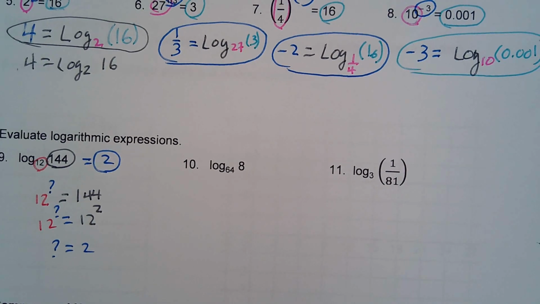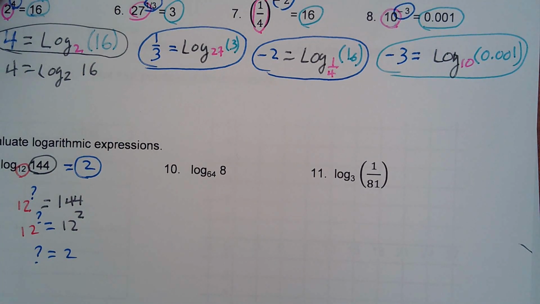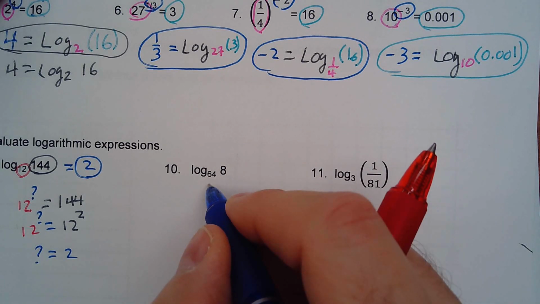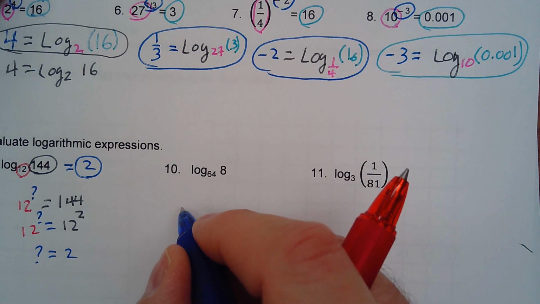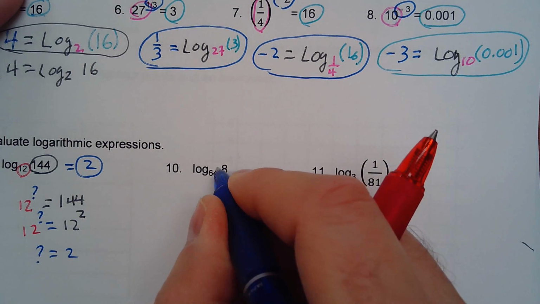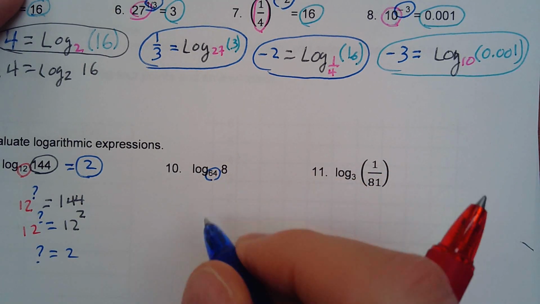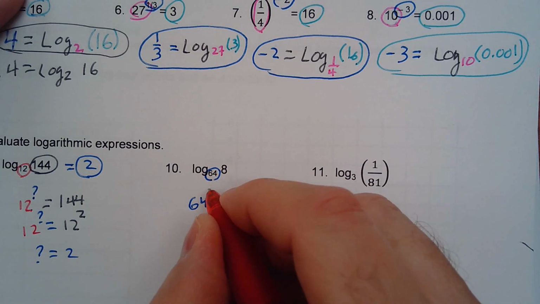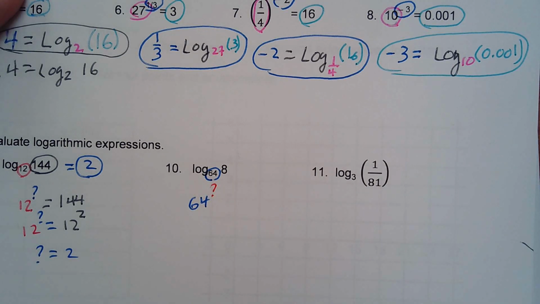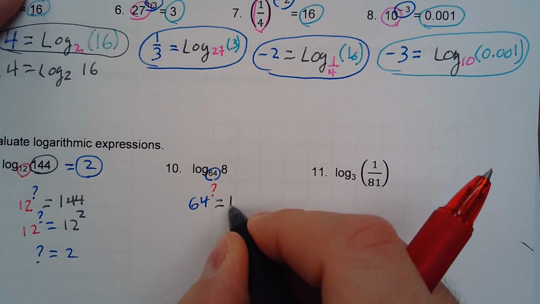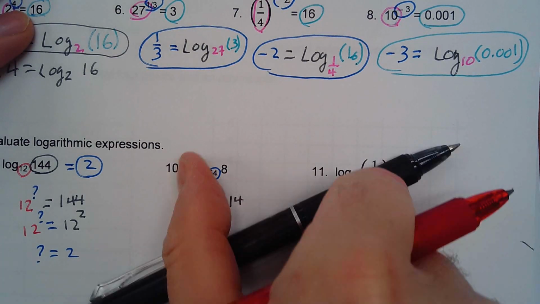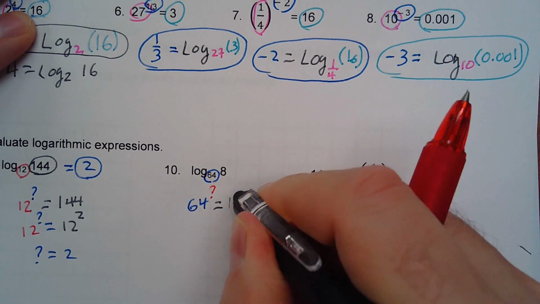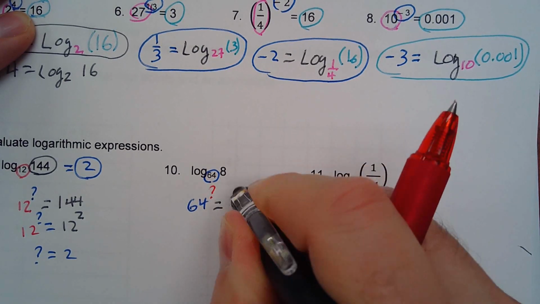Let's try this next one. We have 64, so I'm looking at this 64, and I'm trying to figure out, what do I have to evaluate 64 at to get 8? Or, sorry, I don't know where I got 144, my bad. Looking at problem number 9, my bad.